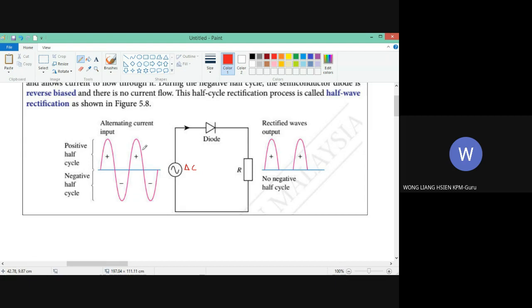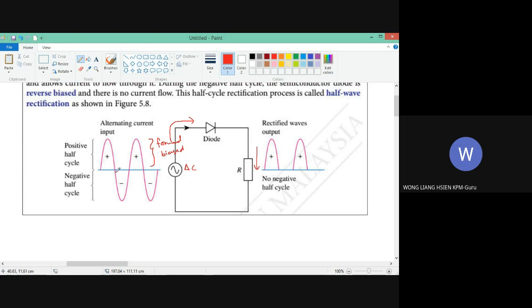So these two are in the opposite direction. Let's say during the positive half cycle, it is this direction. That means it's forward bias. So this part of the current can pass through. You see or not?